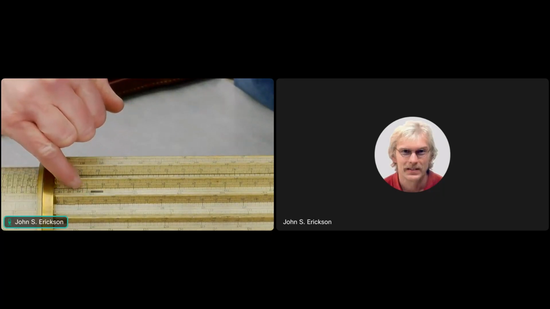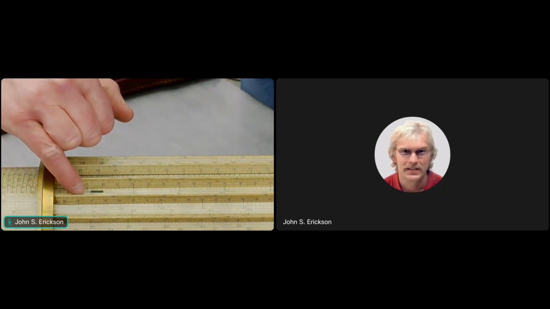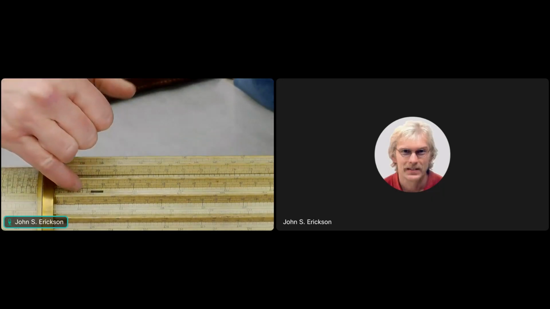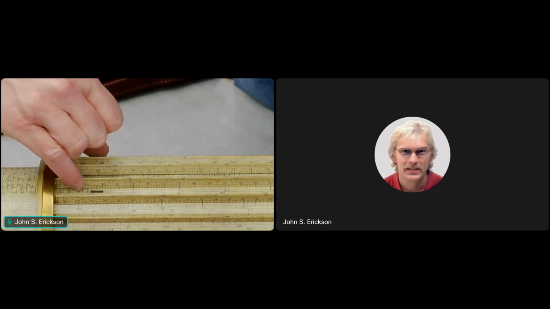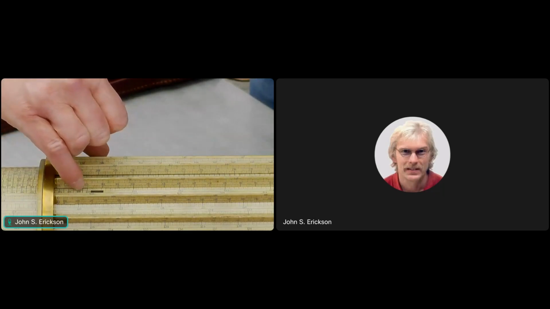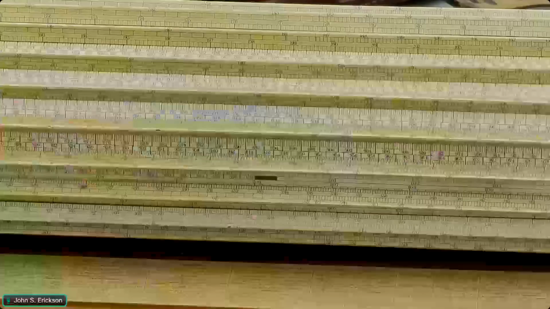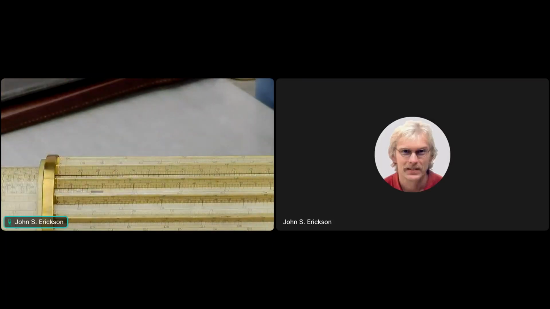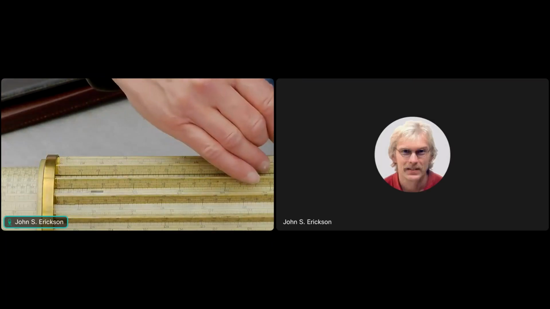No. So on the A scale, the inner scale, that's the black thing. That's my alignment. That's the same as the zero on the slide rule. Here's my B at 300. Now let's say I want to multiply that by 3 times, I don't know, 110.